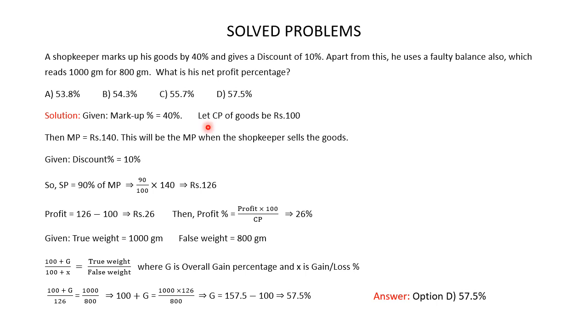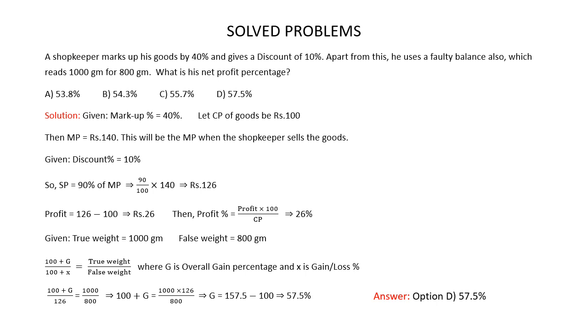So let the cost price of the goods be rupees 100. Now markup percent is 40%. So marked price will be rupees 140. Now this will be the marked price when the shopkeeper sells the goods.